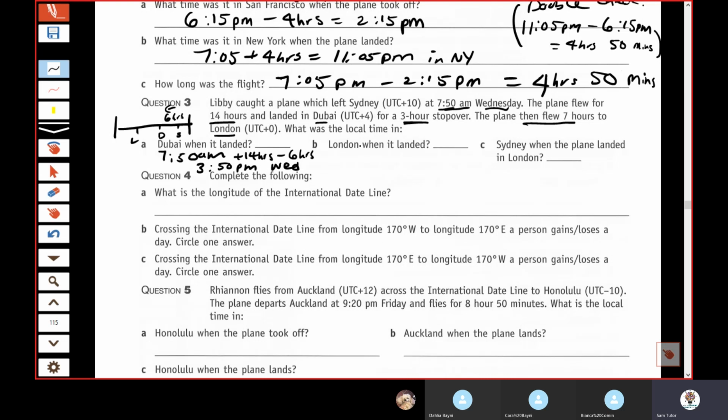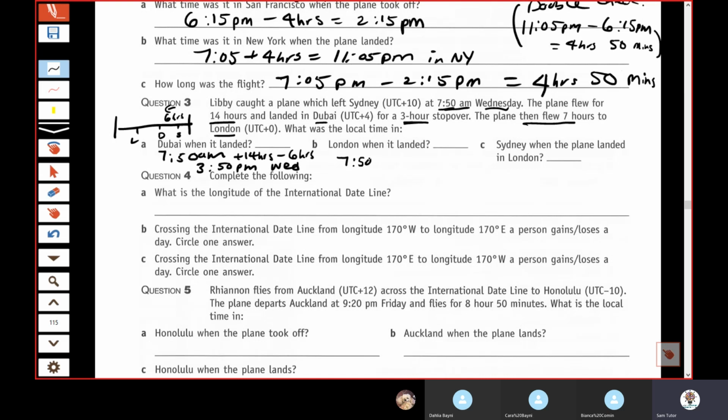What was the local time in London when it landed? Okay, so now in London, hold on. So we've got this. Now we know, where are we? 7:50 a.m. on a Wednesday. We flew for 14 hours. So this is the way you would do it for London. You don't want to look at the local time in Dubai and then go from Dubai to London. You might as well just go from Sydney. It's easier.